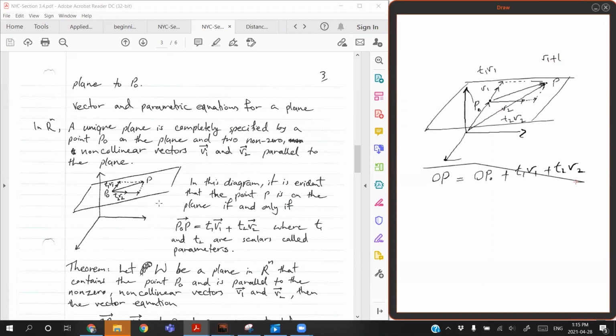So this equation here is called the vector equation of a plane.